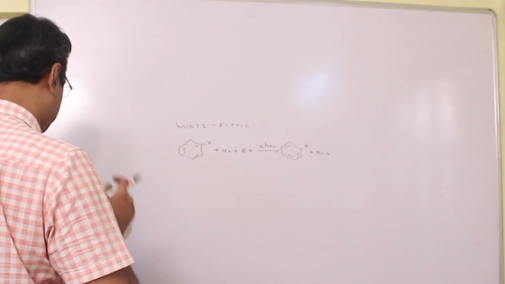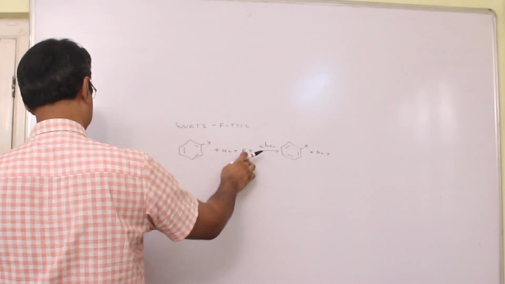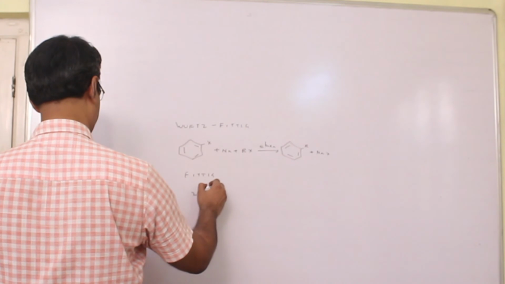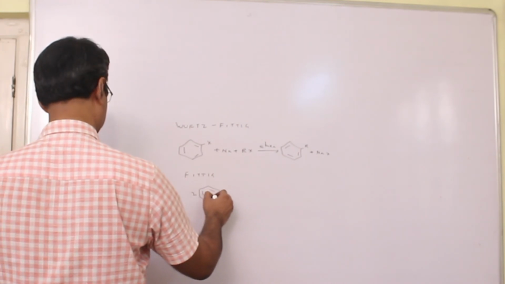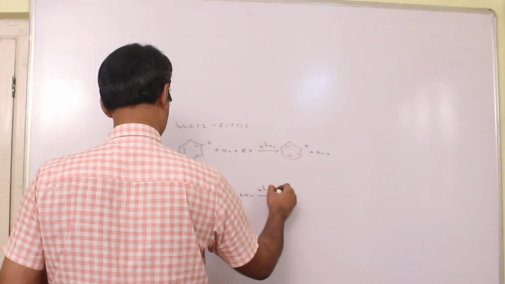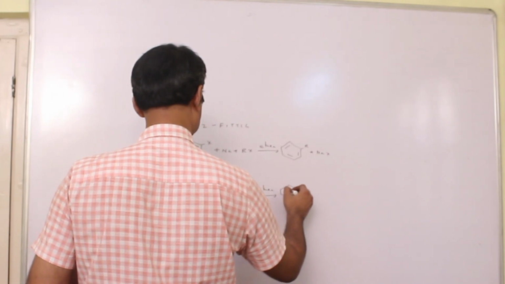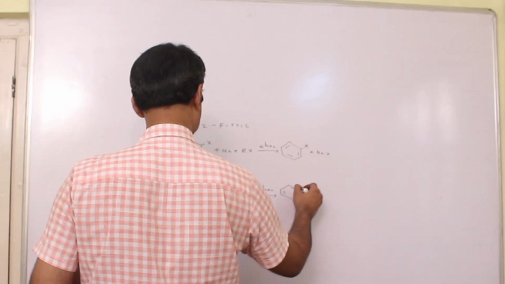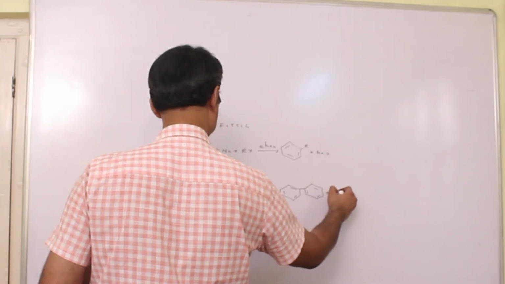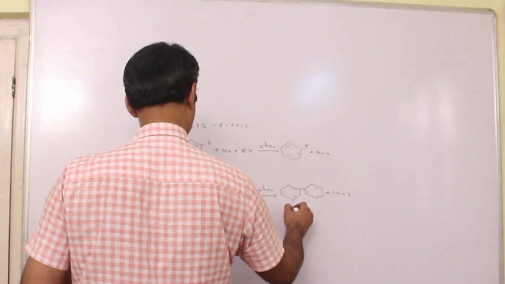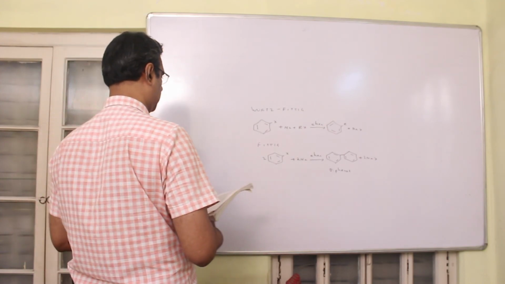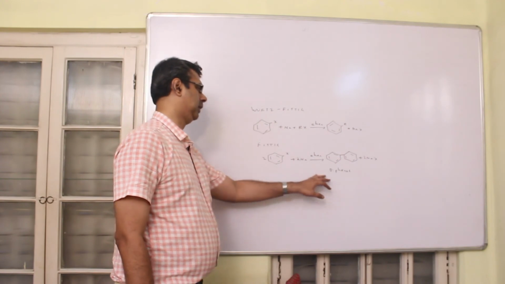So in Wurtz-Fittig reaction, we have haloarene, sodium and haloalkane in presence of dry ether, and then there is also the Fittig reaction. Fittig reaction is where two molecules of haloarene will combine with sodium in ether as follows.